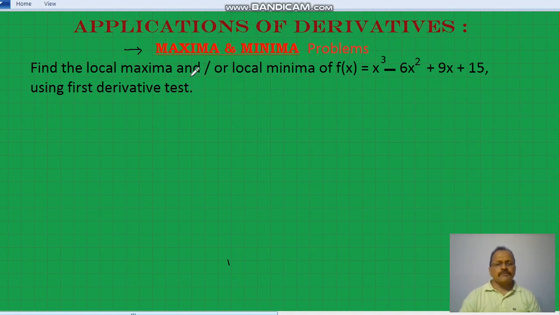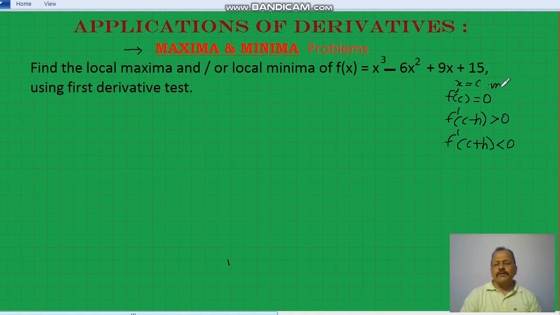For this, first of all, let us recall what the first derivative test is. The first derivative test says that the function has maxima at x equal to c if f dash c is equal to 0, f dash (c minus h) is positive and f dash (c plus h) is negative.